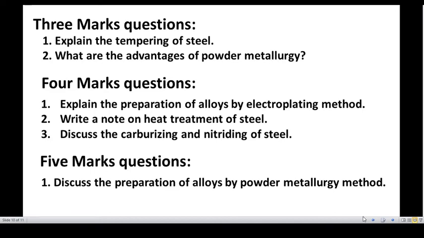Okay, so next coming to the 4 marks question. Explain the preparation of alloys by the electroplating method. So what we have to do to get an alloy by the electroplating method?